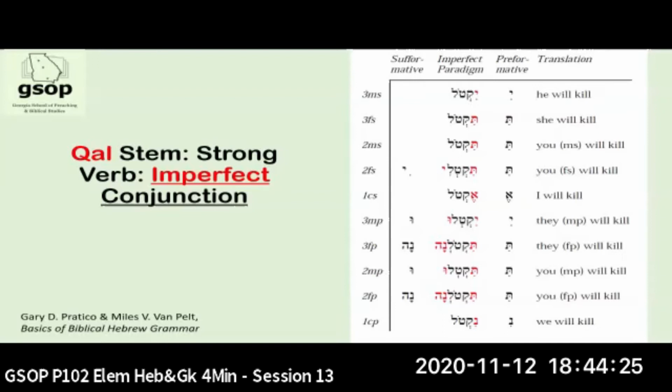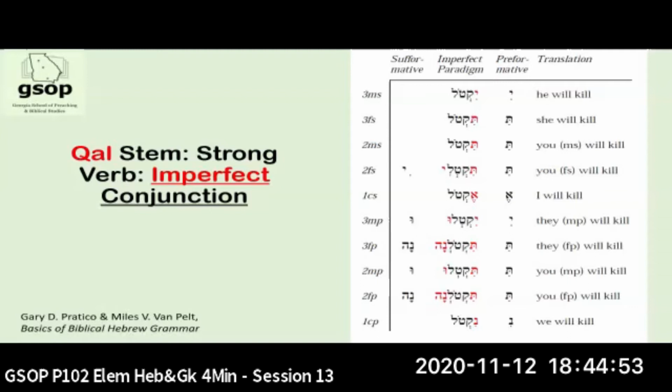It's a different pattern for the suffixes, for whether you're talking about third masculine plural. Third masculine plural is not a different pattern. There's nothing there. But the others will be different from the perfect conjugation. The pattern here is there's always a prefix, it's either going to be the yod with the hirik or the tav with the hirik, except for the common singular and the common plural.